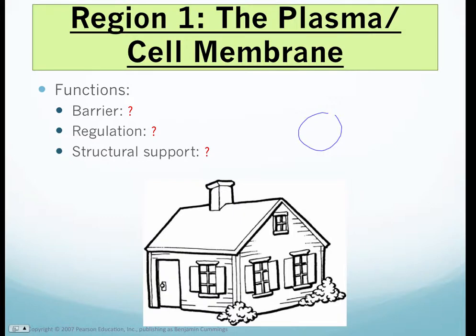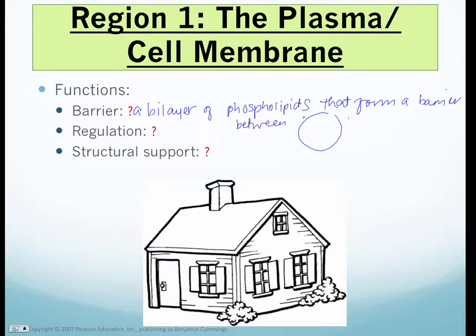And this forms a barrier, and it does that by creating a bilayer of phospholipids that form a barrier between the extracellular and intracellular space.